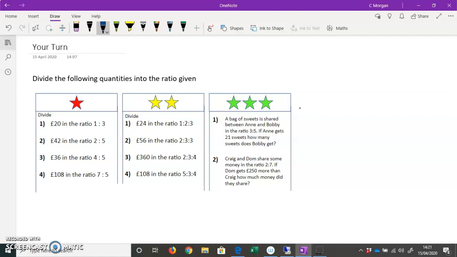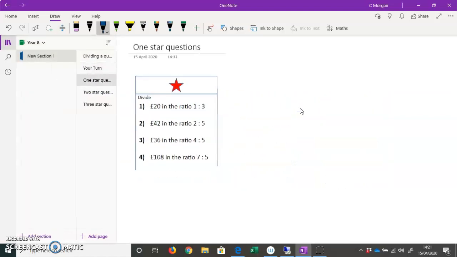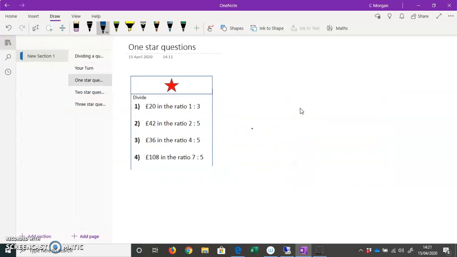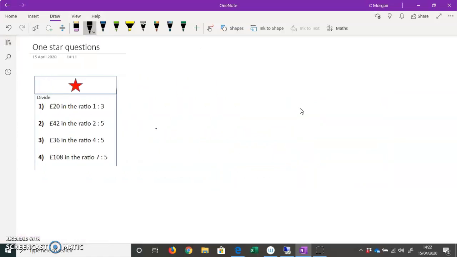Okay, I'm going to start to go through the 1-star questions first. Okay, so number 1. Now, I want to divide £20 in the ratio 1 to 3. This time, instead of drawing rectangles, I'm just going to draw little bubbles because I find them easier to draw. Now, I know that I've got 4 parts altogether and I've got £20 to share.